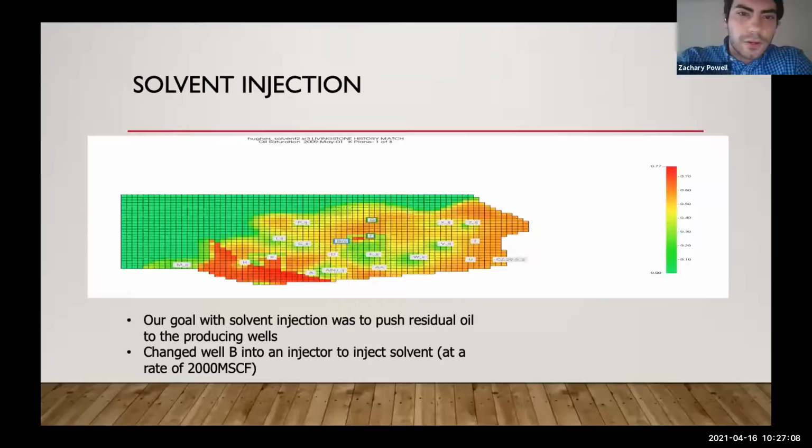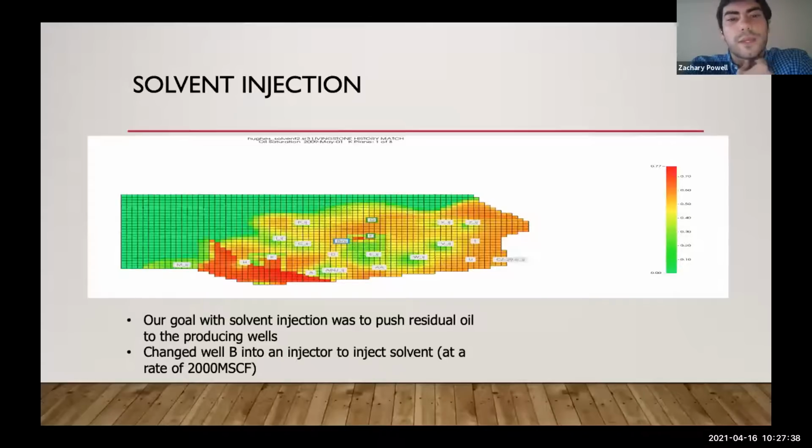So this is, again, oil saturation in 2009, and this is our solvent injection. Our goal with this solvent injection was to inject solvent to push the residual oil towards the existing producers, so that would be Q and F in the middle of this image.